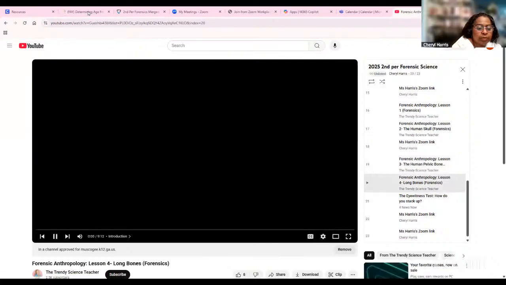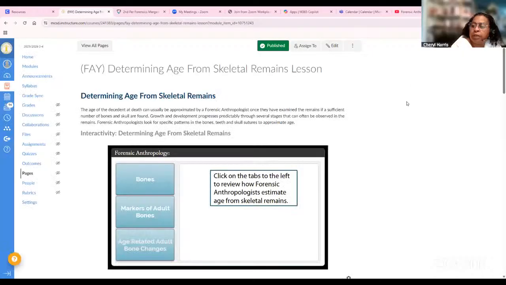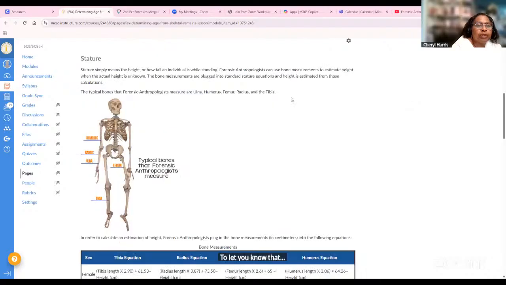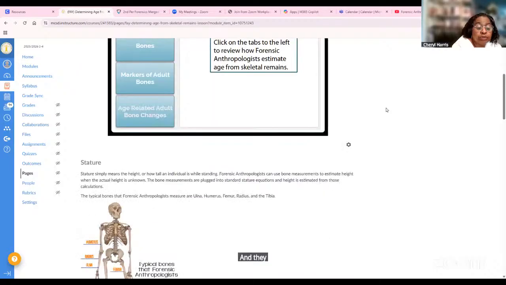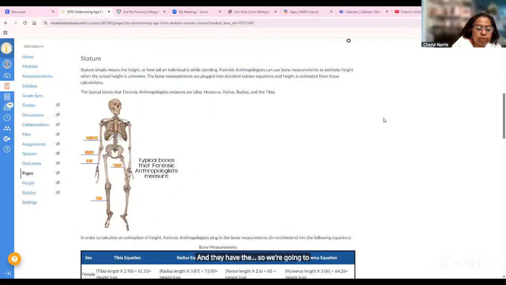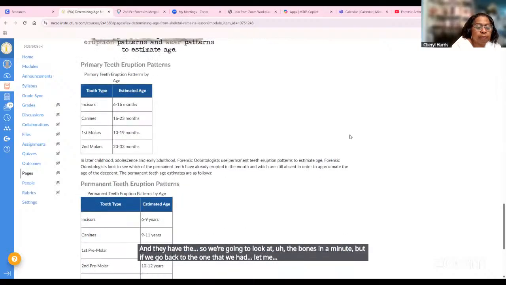But again, I want to hop back to Canvas for a minute to let you know that we're in the unit determining the age of the skeletal remains.